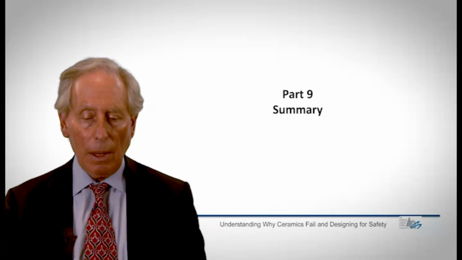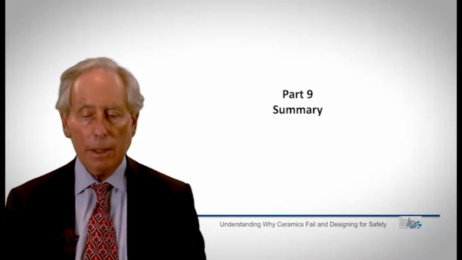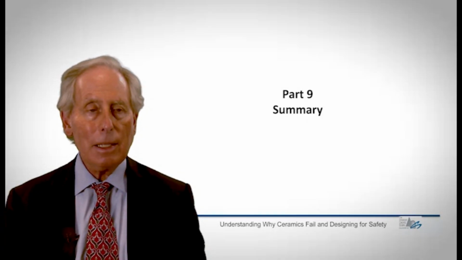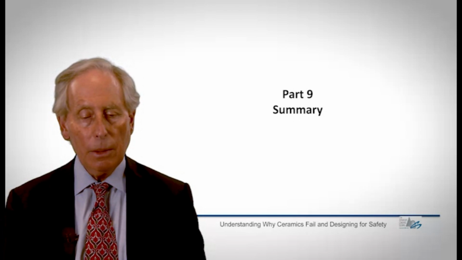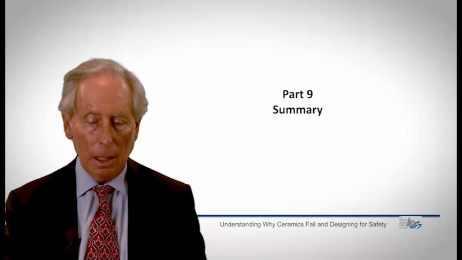So I will just run through briefly some of the significant points, some of which I said before, but I'll say them again. The ability to apply fracture mechanics in brittle materials has been the key to understanding the failure of these ceramic materials or any other material that behaves in a brittle manner.